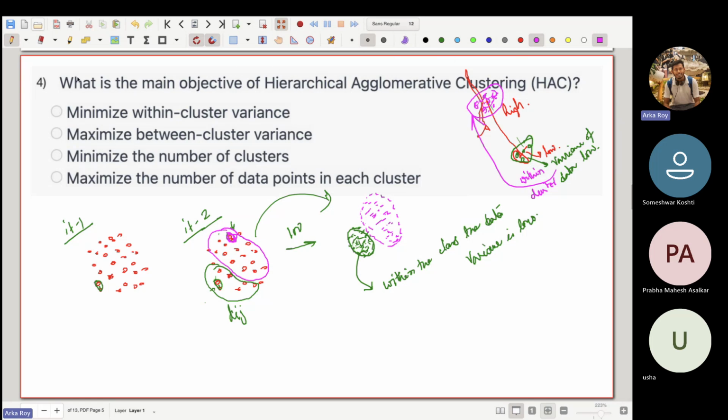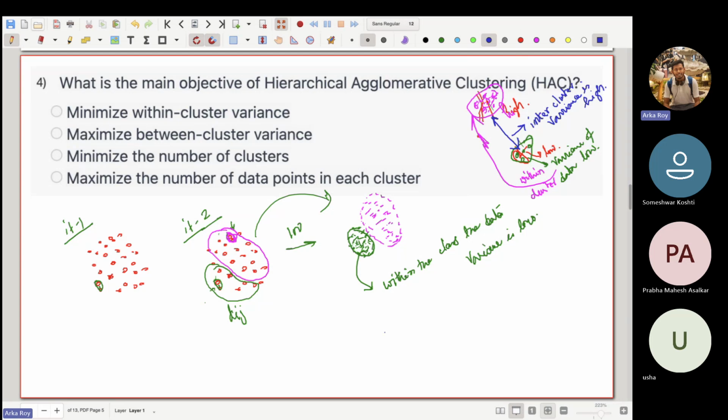At the same time, you can observe that interclass or intercluster variance is high.